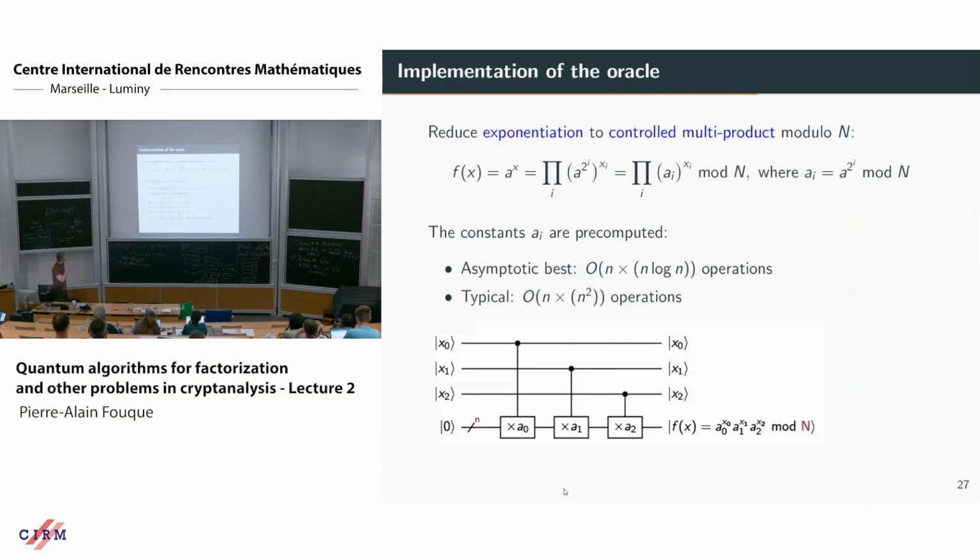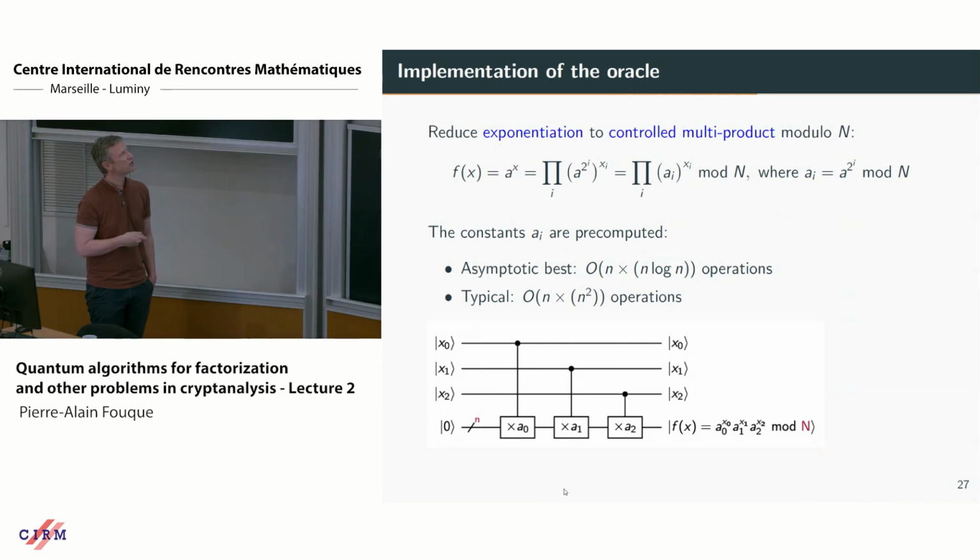Okay, so now I explain how we can implement the oracle. I just recall that we have to compute a to the x mod n. This is a very special trick in cryptography, but I think a lot of you know it. To compute a to the x, the idea is to compute the binary decomposition of x.